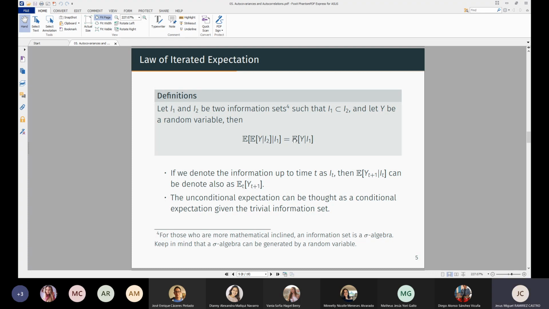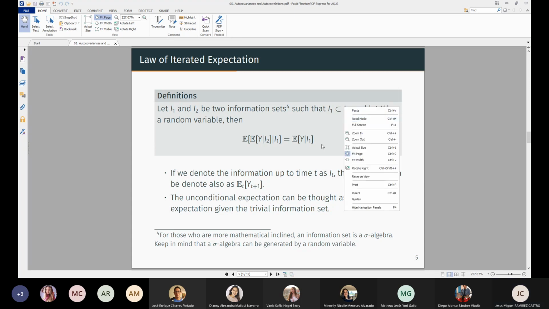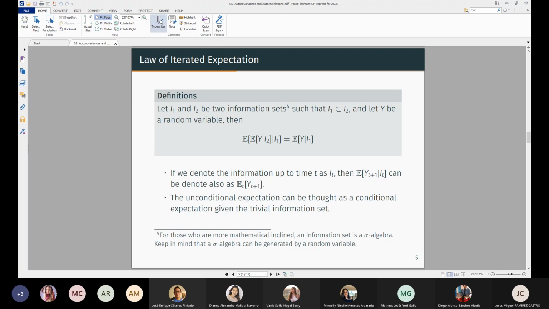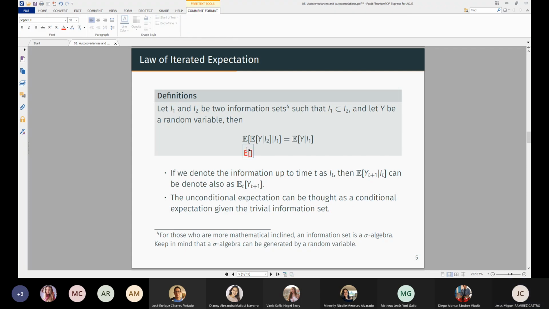So this is not the result of you having I1 in the outer conditional expectation. No, it's because this guy is smaller than this guy. So the result is the same.